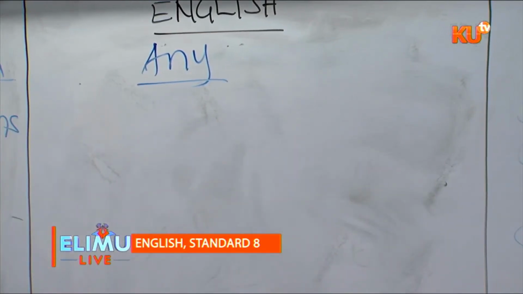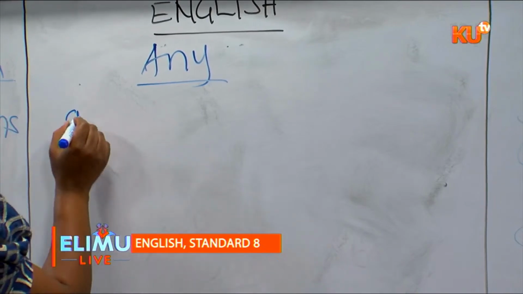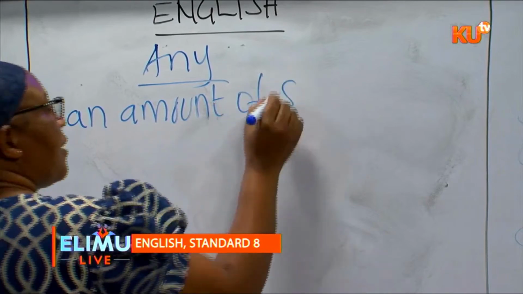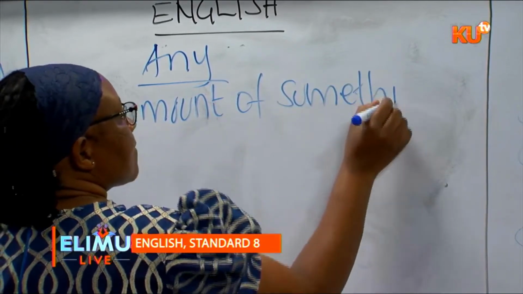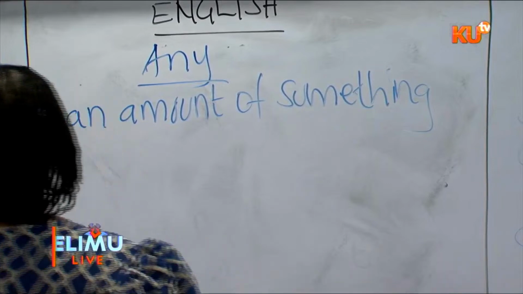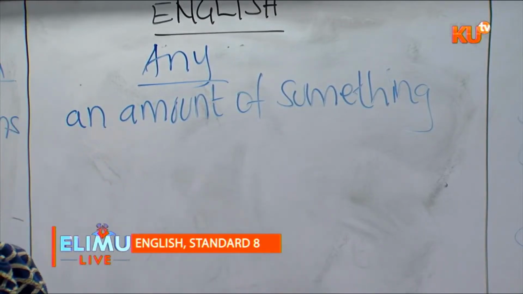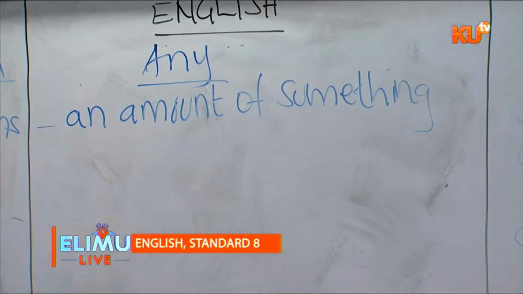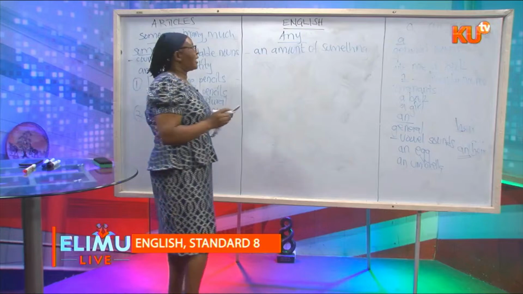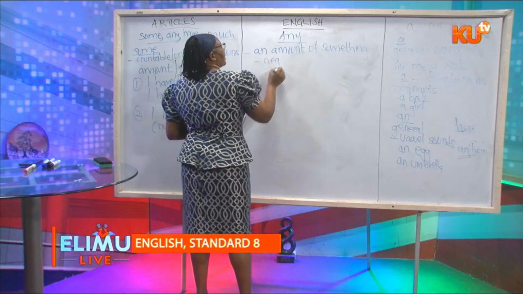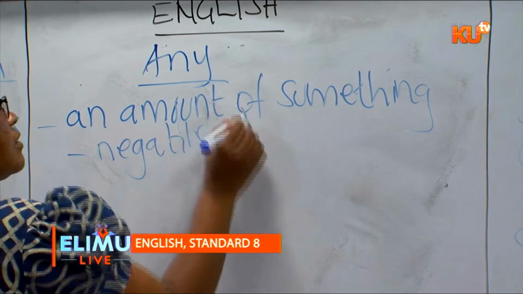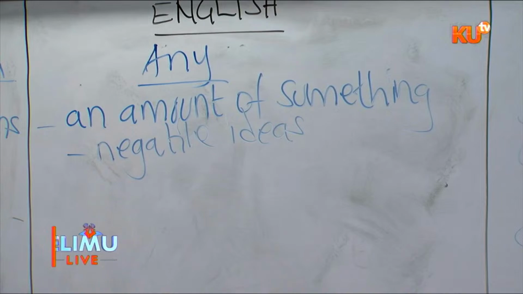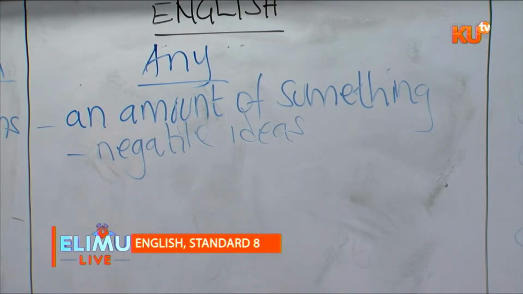Determiner any is still used with an amount of something, an amount of the noun which is being referred to in this case. But it is the opposite of some in that it is used in the negative. The determiner any is used with negative ideas.